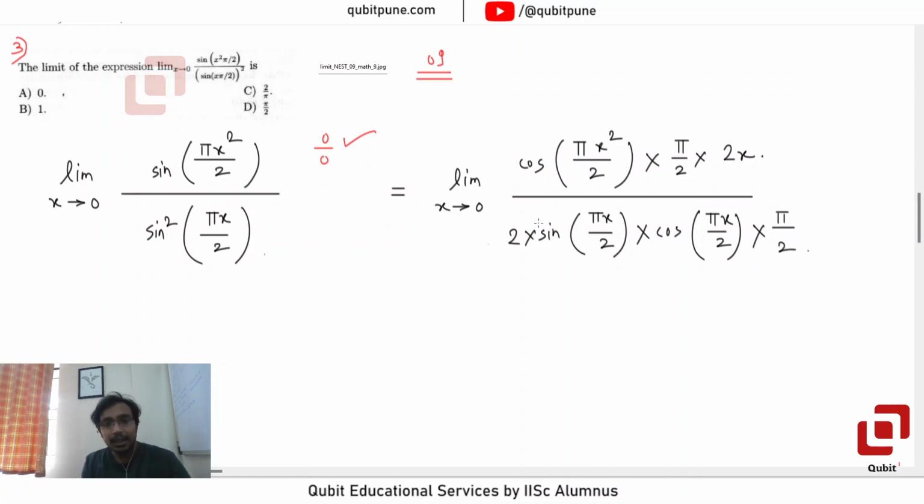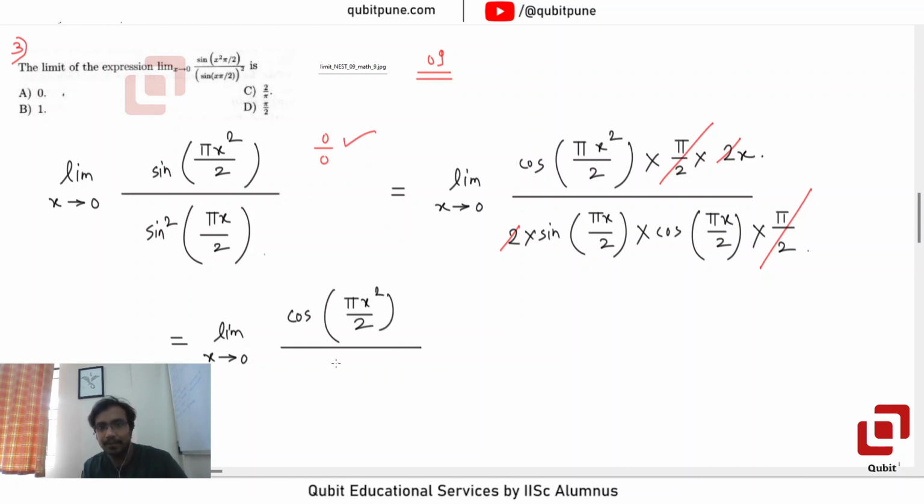Okay, now pi by 2 goes, 2 also goes, and I am now recommending you not to apply the rule again, but take out the terms which do not give you 0. Cos of pi x squared by 2 is one of them, the other one is cos pi x by 2. Oh wait, is it giving a 0? Oh, okay, sorry, I got confused because of pi by 2, but x is tending to 0.